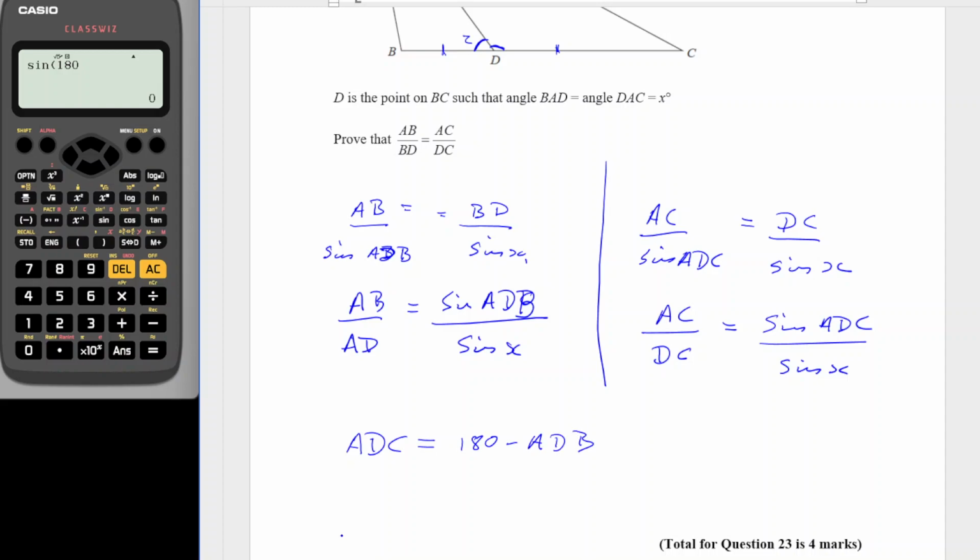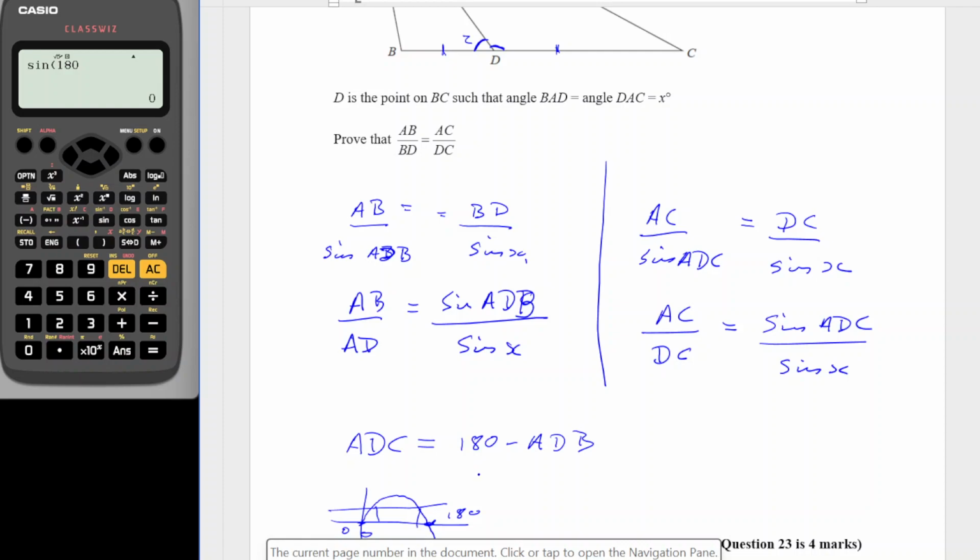And then if you think about the sine curve, it starts at 0 when the angle is 0, and then it hits 0 again at 180. So if I think about the sine of any angle less than 180, the sine of that angle will be equal to the sine of 180 minus that angle, which means that those two are actually equal.